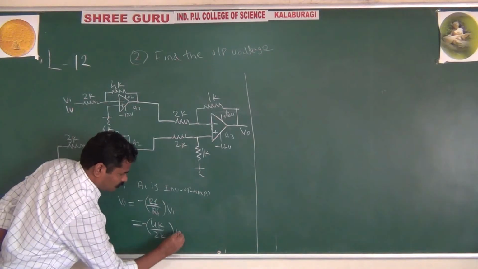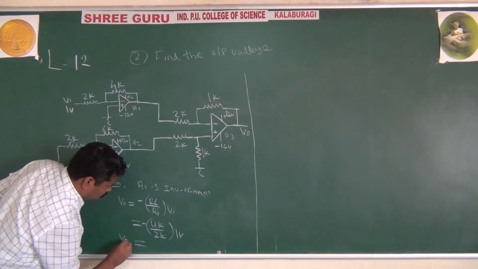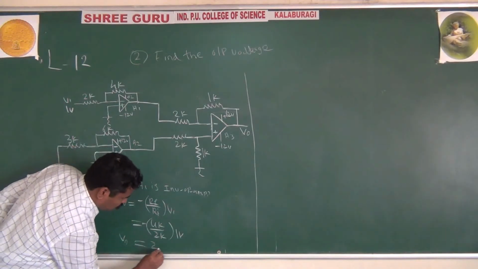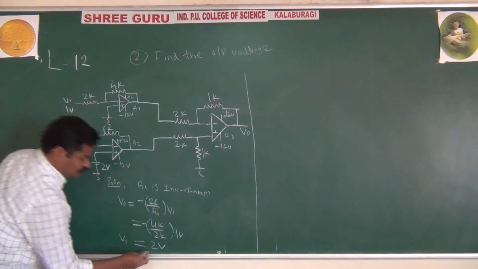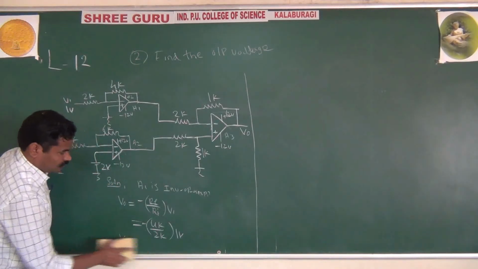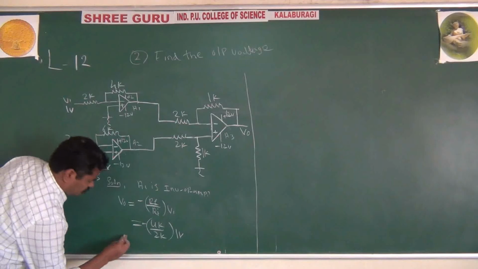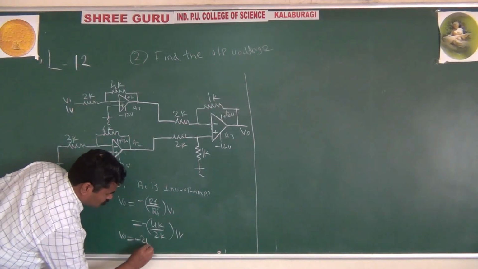Very simple. The immediate output is how much? 2 volts. The output is about 2 volts. Minus 4 is minus 2 volts. Or you can write here that V01 is equal to minus 2 volts.